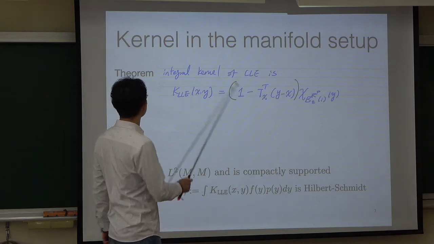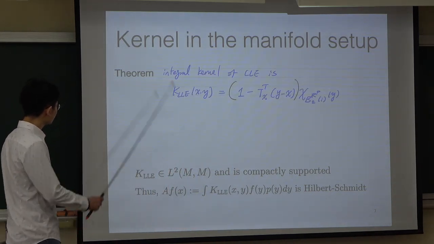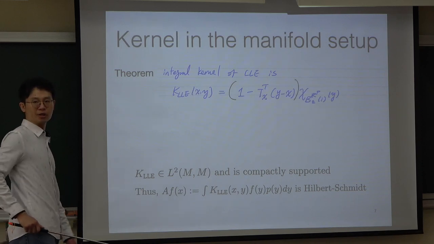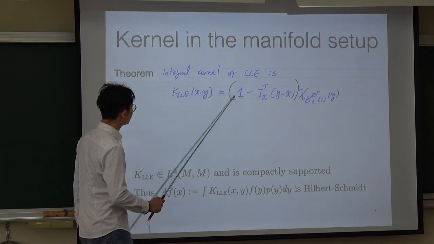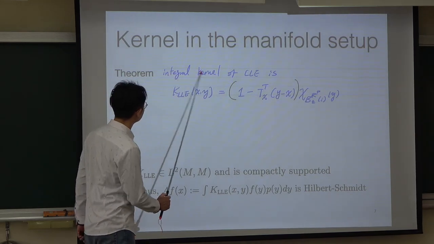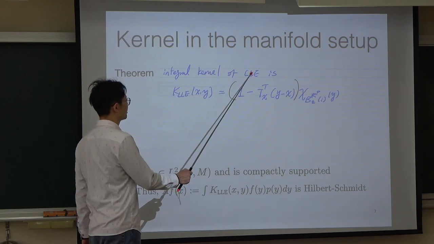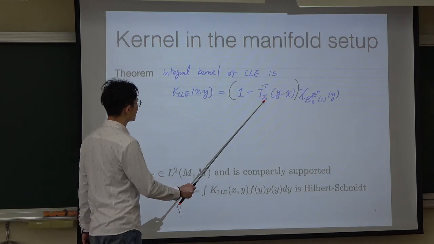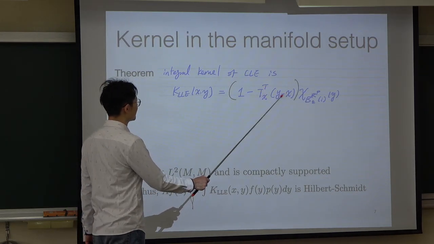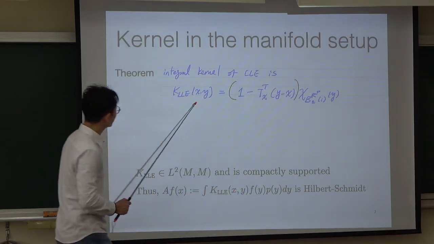And what we want to say is, what is the kernel? The theory you can check in the paper is, at the end of the day, if you consider this K_LLE as the integral kernel for LLE, then this is 1 minus T_x transpose (y minus x), times this truncation. What is this term?